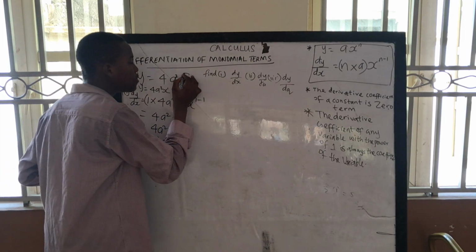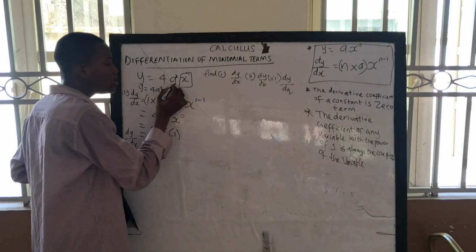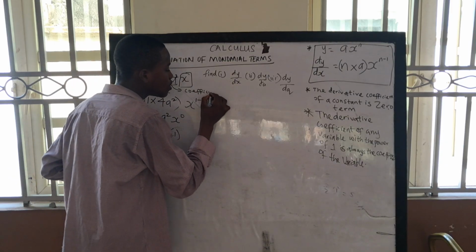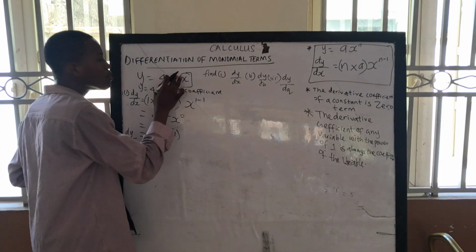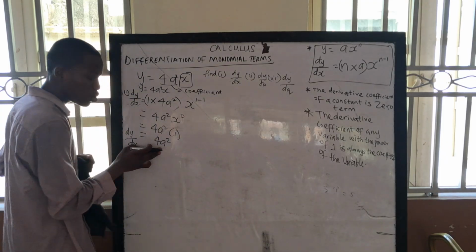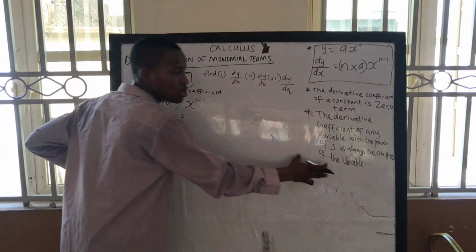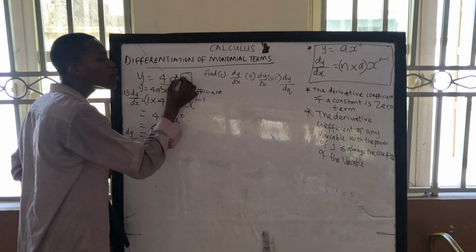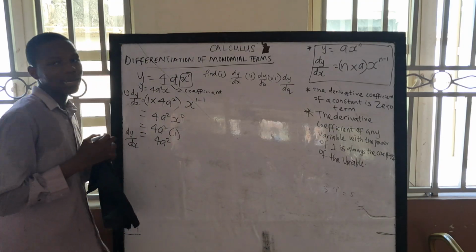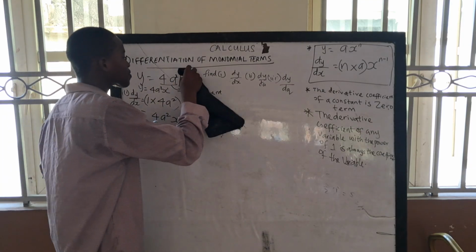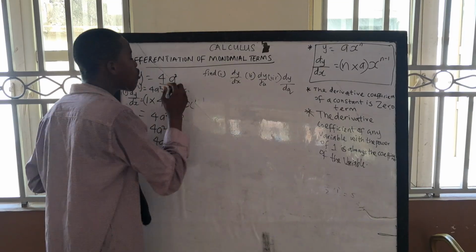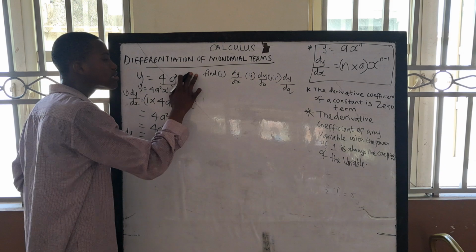This is the x, the variable I'm differentiating. The rest is my coefficient. So if I differentiate this, my answer will just be 4a squared, which is what I got here. Can you now see how this is applied to the question? Why is it 4a squared? Because the variable has a power of 1. I hope that's clear.